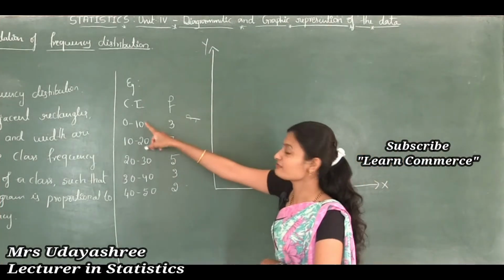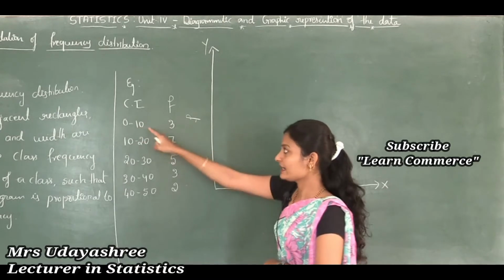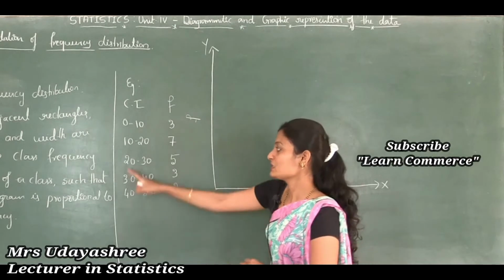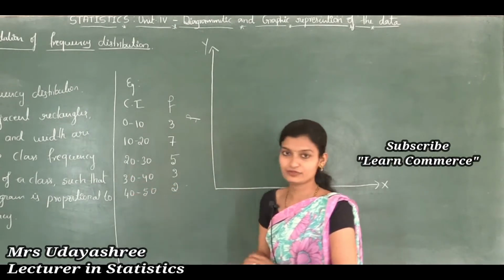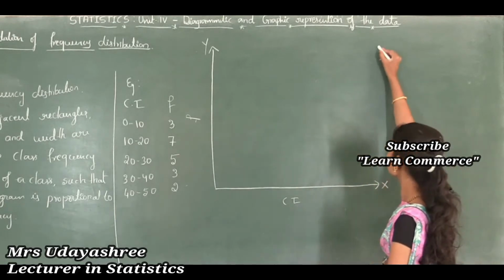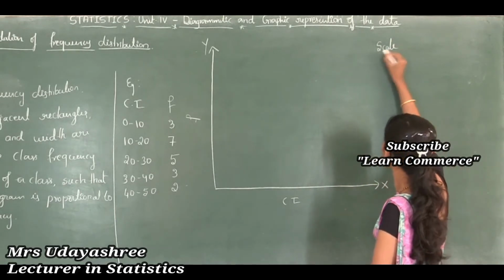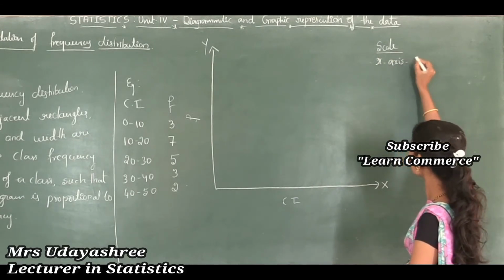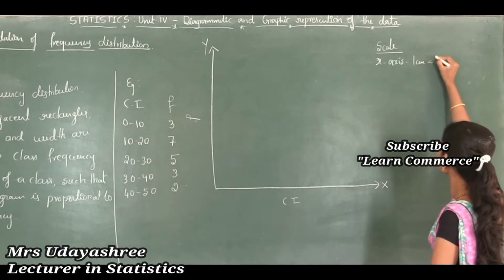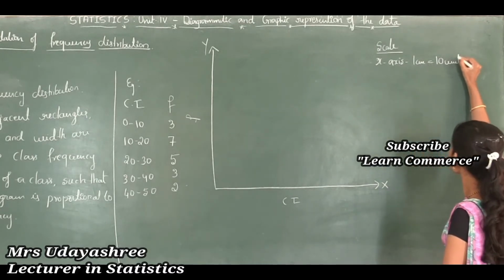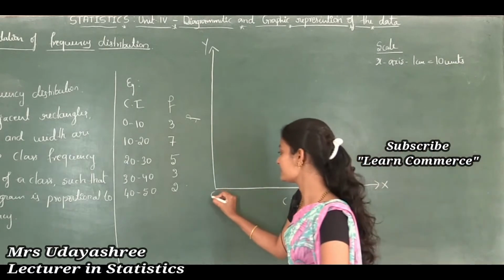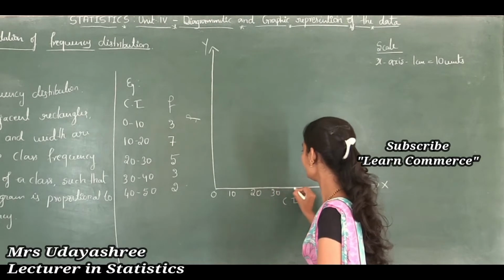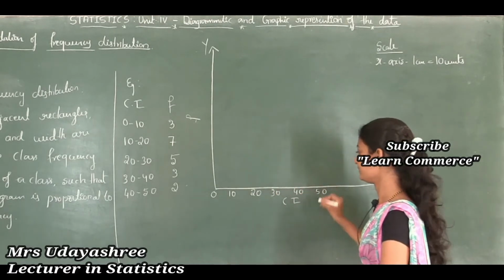Next, first we need to take the scale for the x-axis. The class intervals are 0 to 10, 10 to 20, 20 to 30, 30 to 40 and 40 to 50. Therefore, a suitable scale for the x-axis is 1 centimeter equal to 10 units. So I will take 0, 10, 20, 30, 40, 50 and 60.